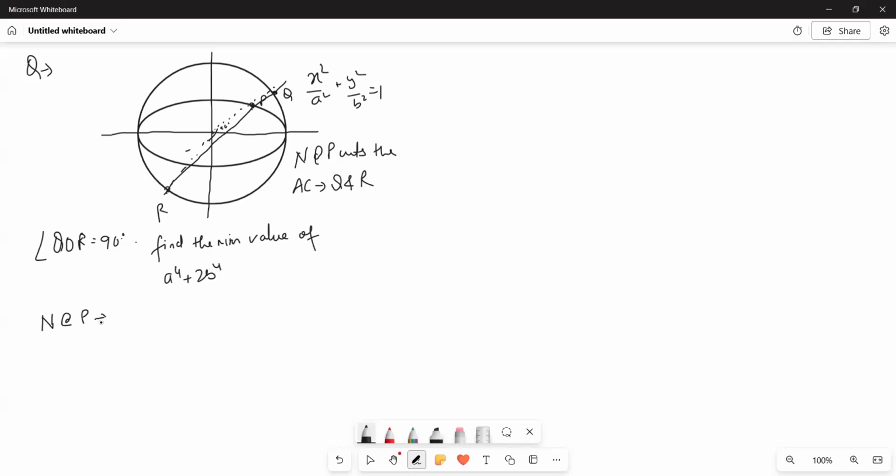So we start with the normal at P. Equation of the normal at P: ax by cos theta minus by sin theta, sorry, tan theta actually correct.